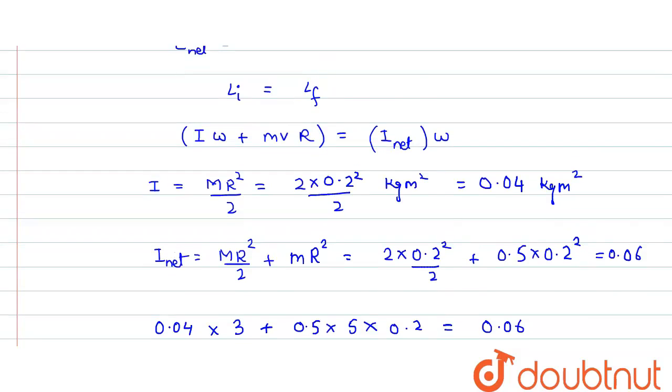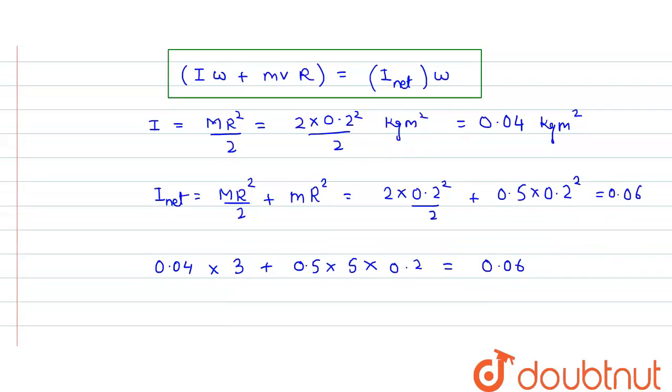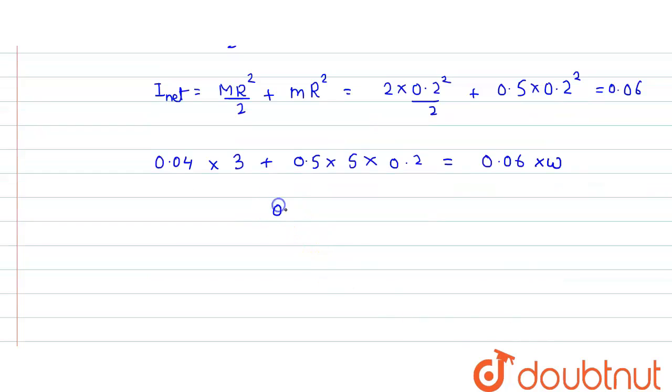So 0.06 omega would turn out to be 0.62. From here, omega value would turn out to be 10.3 radians per second.